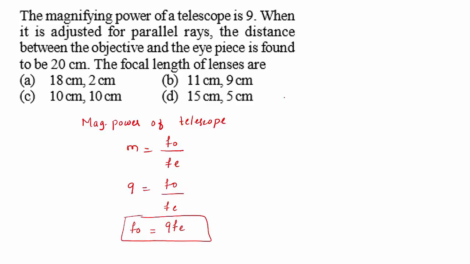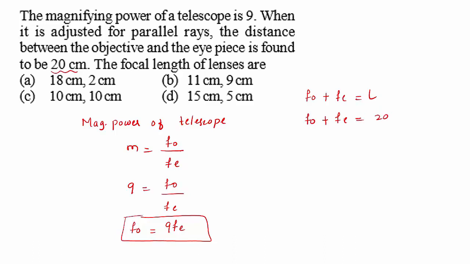And also we have the equation that the length between the eyepiece and objective lens, that is FO plus FE, is given as 20 cm. The distance between objective and eyepiece, FO plus FE, sometimes written as L, is equal to 20 cm.